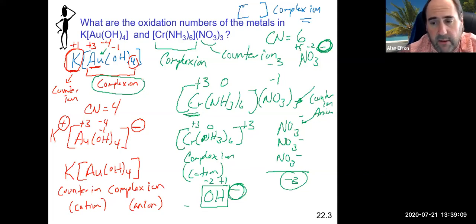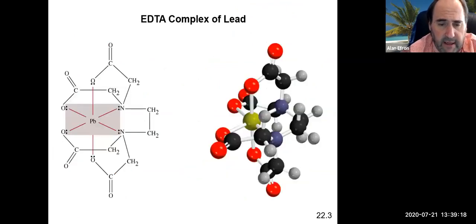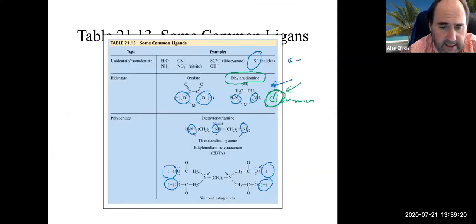Remember that not all ligands are monodentate. Some can bind in more than one place per molecule, and we talked about a couple of those on the list that we saw. Something like oxalate, where both of the oxygens can bind to the metal, is almost a 2-for-1 situation, where for every molecule of oxalate, 2 atoms bind in, so you get a coordination number of 2 for each one.